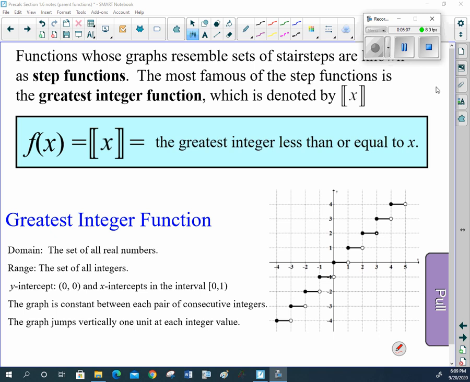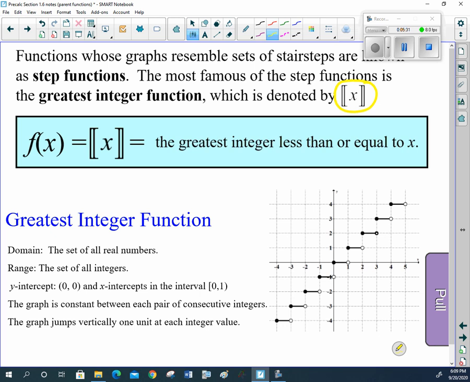Okay, now we're going to talk about a function whose graph resembles a set of stair steps. Sometimes they call these a step function. The most famous of the step function is called the greatest integer function, which has these symbols around it.